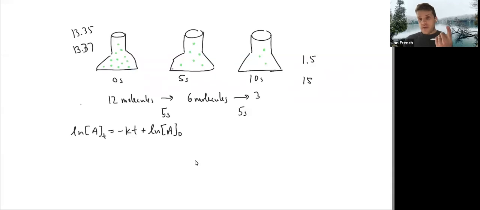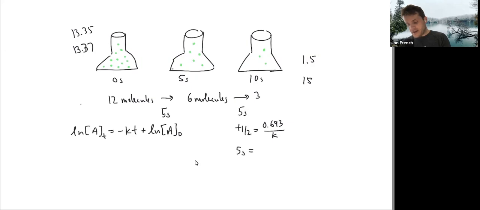We know time, that's 8 seconds. We don't know the rate constant, but we can find it because we know half-life equals 0.693 over k, right? We don't know k, but from question 35, we do know our half-life.